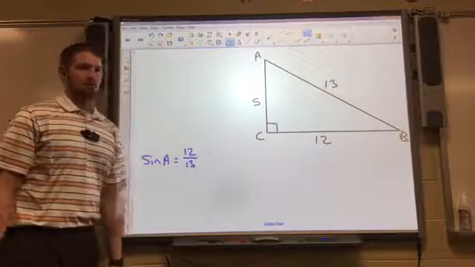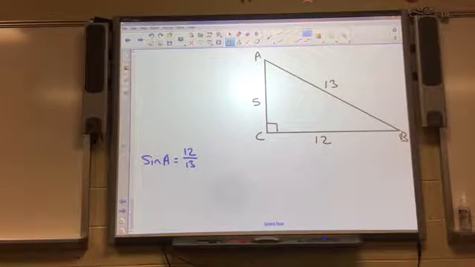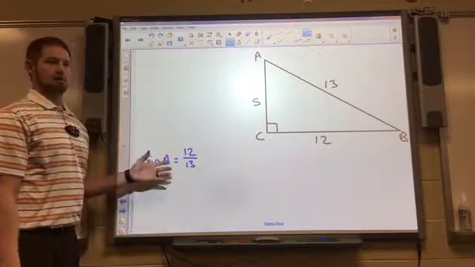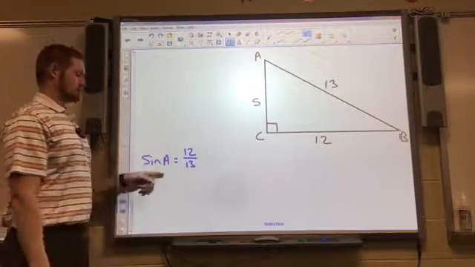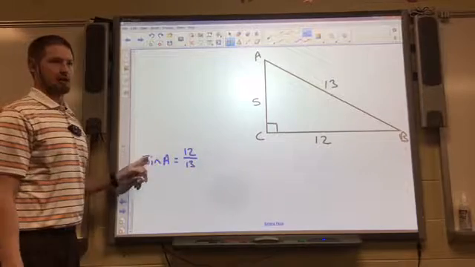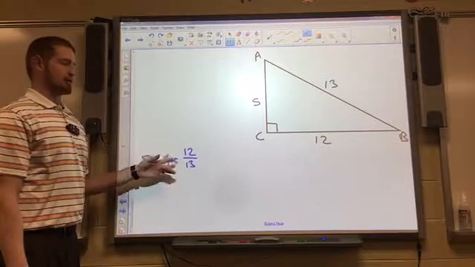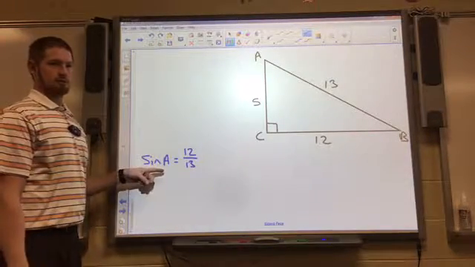Now, some of you are going to like this, some of you are not. Your trig functions need to be in decimals. Okay, they have to be. Okay, because we're going to get into angle measures and stuff like that with these. So, your trig functions and your directions in your book are going to tell you this, need to be rounded to 4 decimal places.